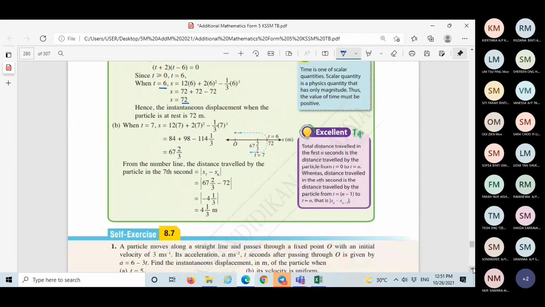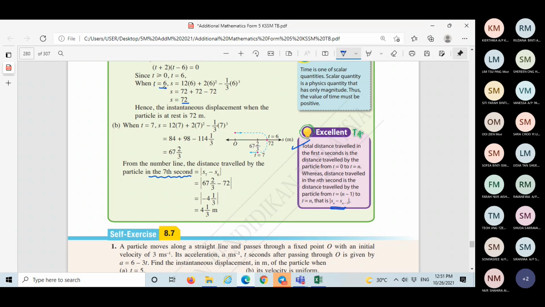For this question, they are asking for the 7th second, which means you use S7 minus S6 and then take the modulus. You can refer to this formula. So it's S7 minus S6.